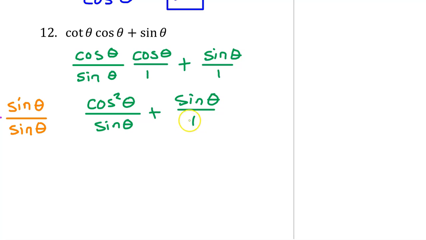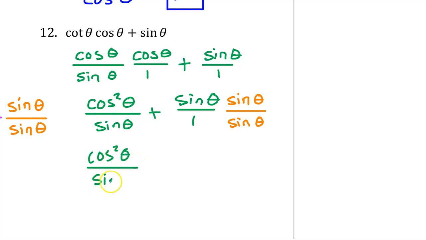We need a sine theta in the denominator here, so let's multiply the fraction on the right by sine theta over sine theta. On the next step, we will have cosine squared theta over sine theta plus sine squared theta over sine theta.